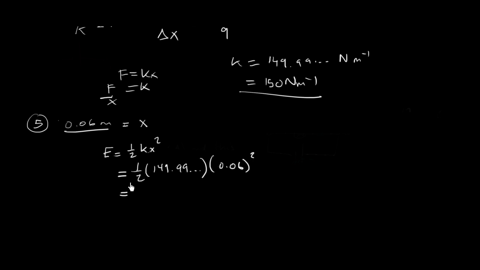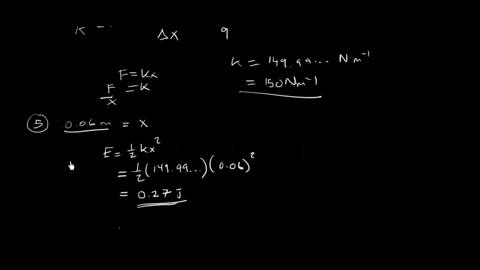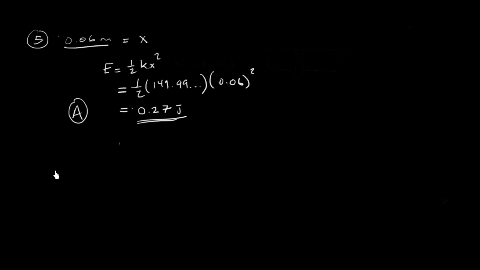And it comes out to be 0.2699, so 0.27, and energy is in joules. So we have an option that says that, and it is 0.27 joules, so it's part A. The answer to question 5 is then A. Good. Question 6.